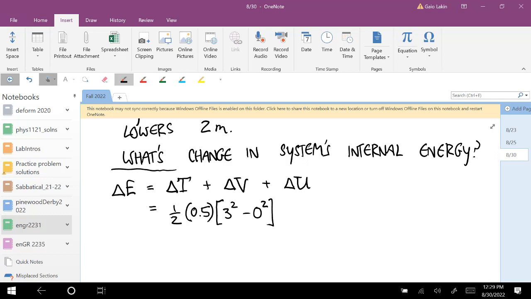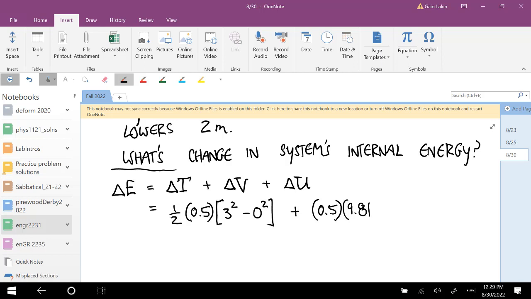Then the gravitational potential energy of the system is the mass of 0.5 times g, 9.81. That's positive, remember. If you ever forget about the sign of g, you can always think about it in terms of potential energy.